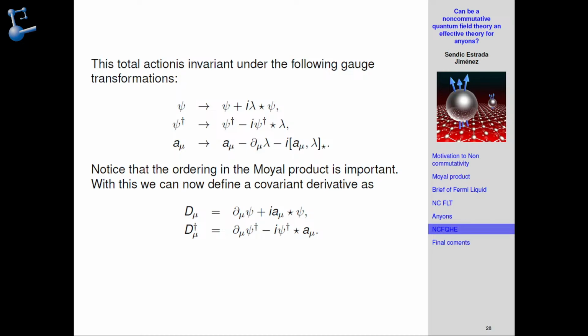Let me remember. It's an auxiliary field to describe this. To construct these gauge transformations, we initially take the usual definition of the commutator with the structure constant of the gauge fields, and to make the theory invariant, we see that only with this part for phi and minus this part for psi dagger do we have an invariant theory. For the gauge field, we have the usual form, this term with an auxiliary field.